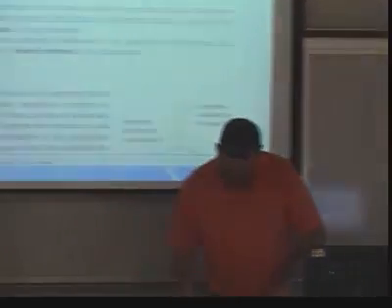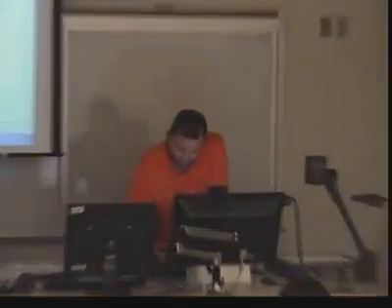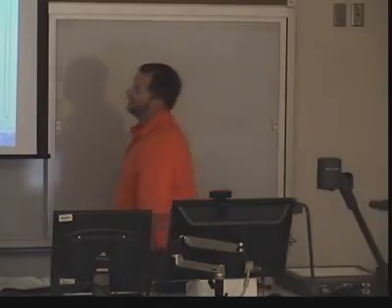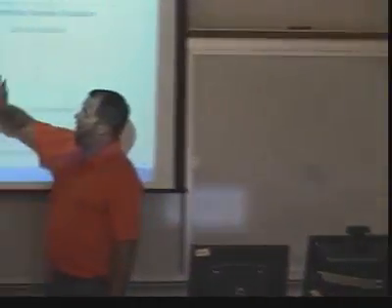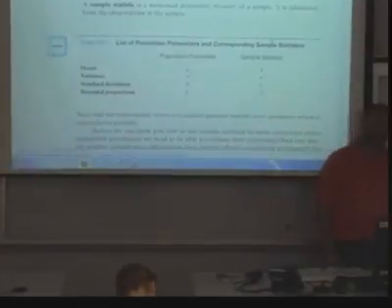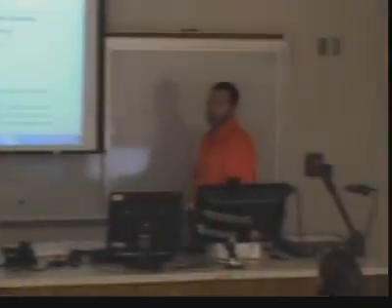What page has the population parameters? 273. So just a reminder of what a population parameter is. Here they are. There's 4 separate ones that we've learned: the mean, the variance, the standard deviation, and the probability of success in a binomial experiment.